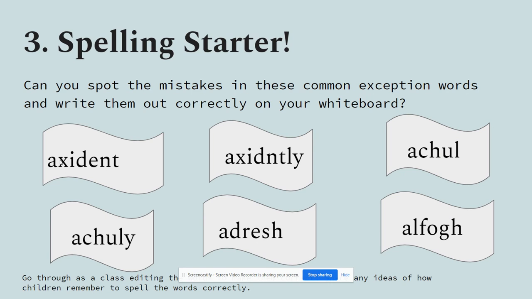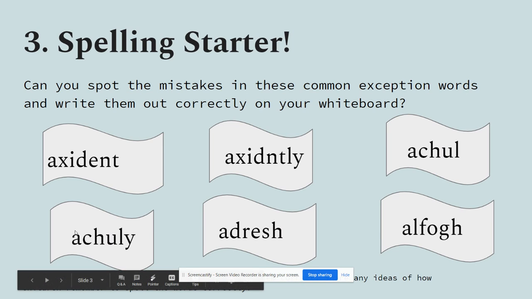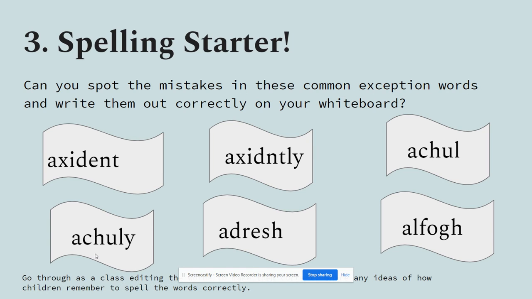So they'll have to remember how to spell accident, and they write that down. And then they write down accidentally, actual. Sometimes you can have, for example, particularly in year 3, the letters from the spelling, but they've been mixed up in the wrong order. So they have to just rearrange the order of the letters.